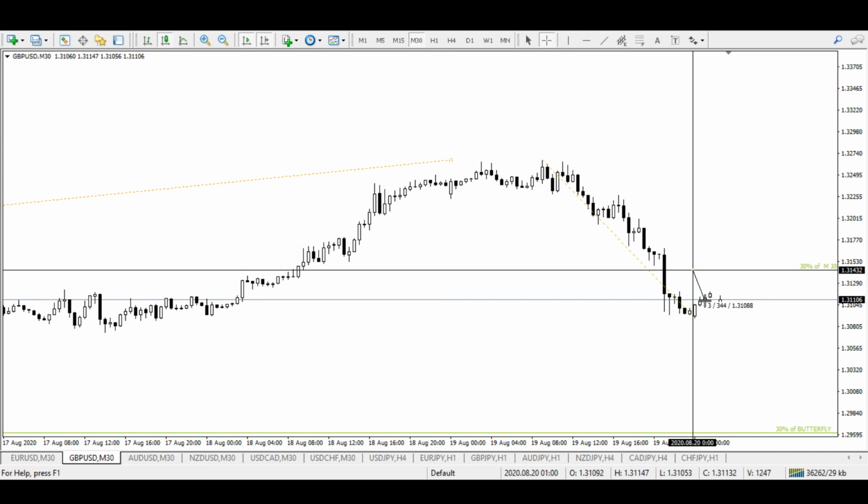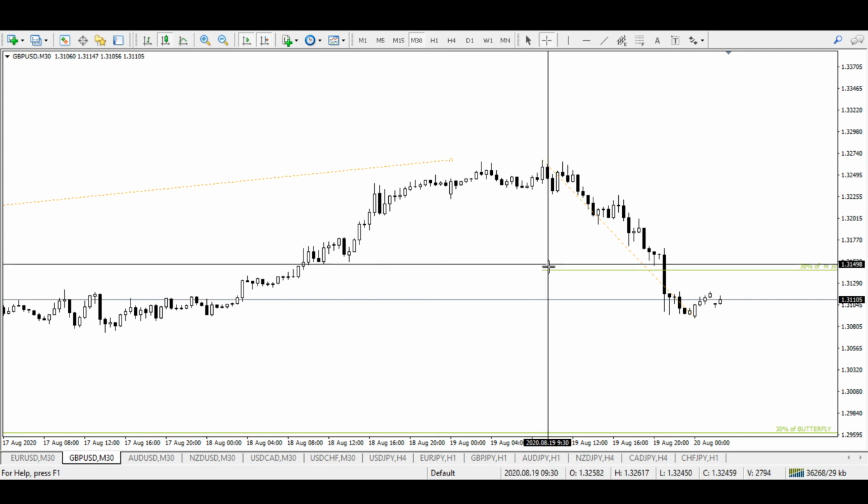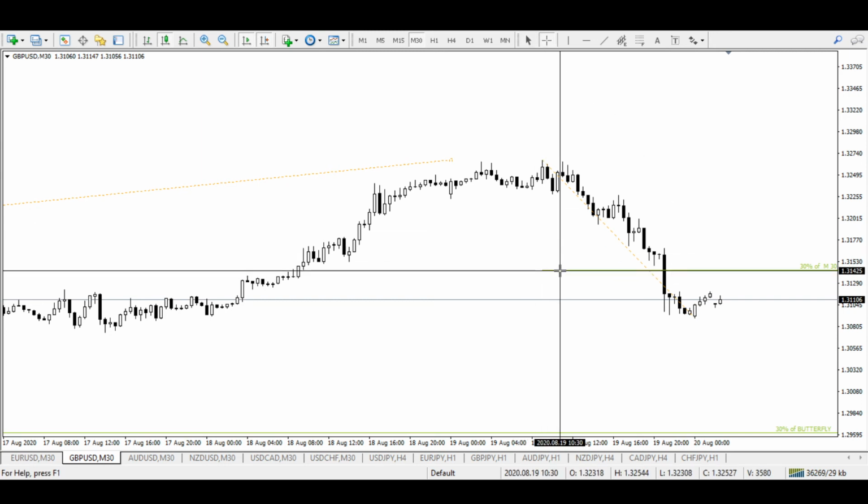And if you have had buy position after that false breakout, the false bullish breakout, then you can close your buy position at this level, this 30% level, instead of closing right now. But if you already closed, then okay, no problem.